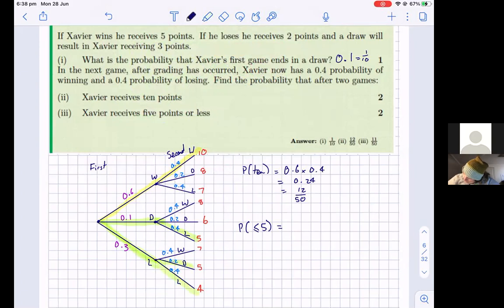So we've got 0.1 times 0.4, 0.3 times 0.2, and 0.3 times 0.4. And we've got calculators. That gives us 11 over 50. Cool.